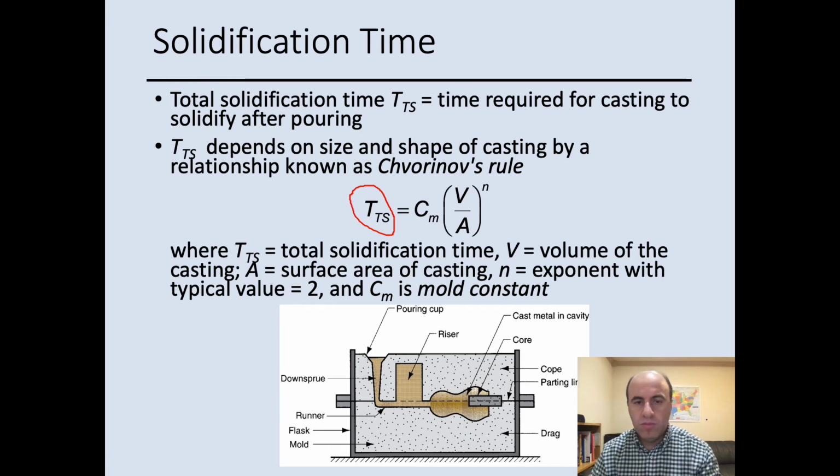V is the volume of the casting. For example, this part, the volume of that part has to be calculated. Then the surface area of that casting also needs to be calculated and then plugged into this equation. Then we have an exponent with the typical value of 2. And then we have a mold constant, which depends on the mold material, the thermal properties of the casting metal, and the pouring temperature relative to the melting point.